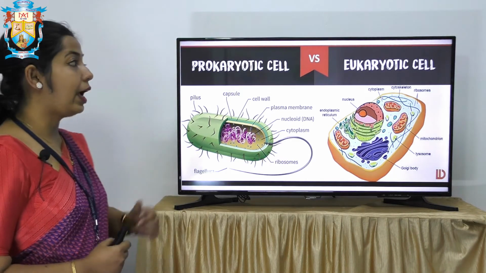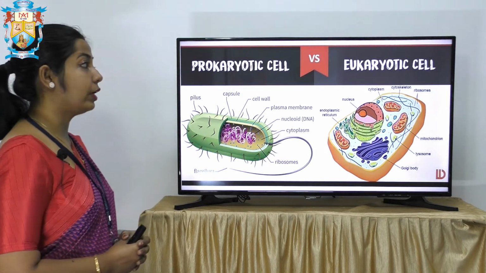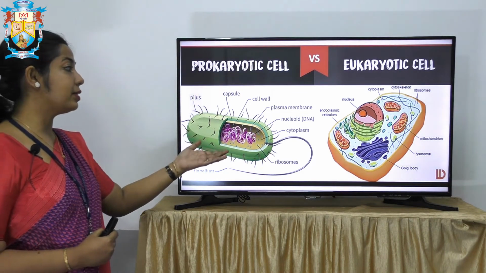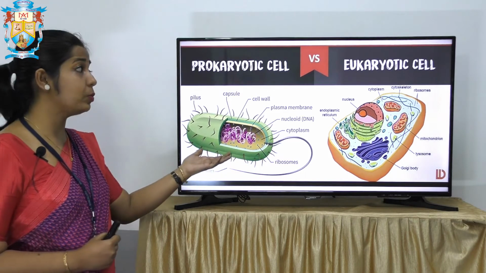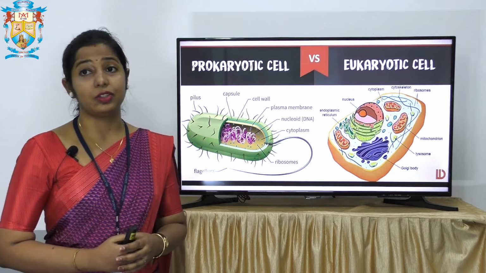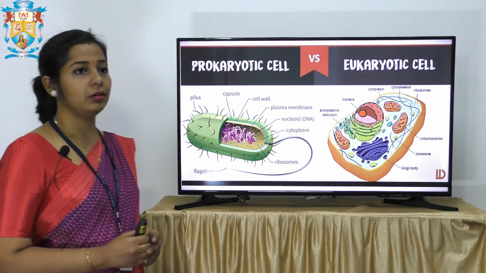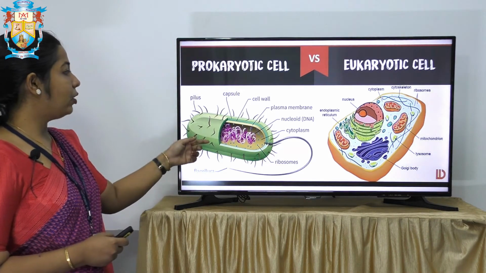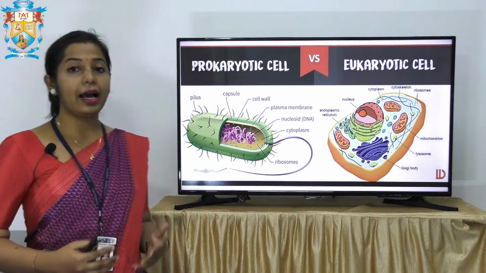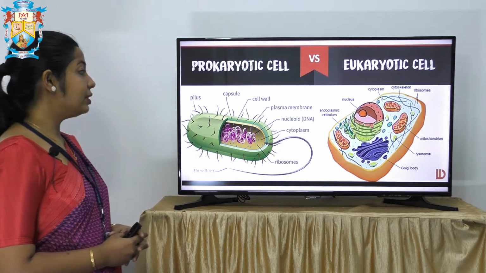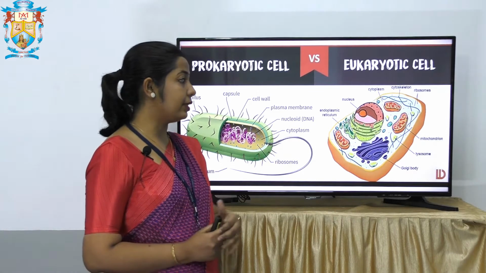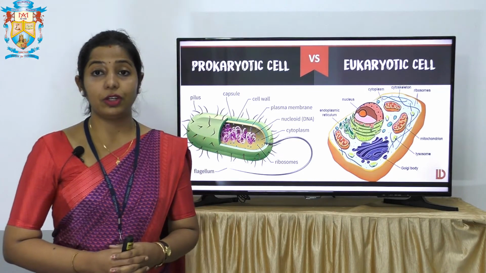Now please have a look at this picture of prokaryotic and eukaryotic cells. As you can see, these prokaryotic cells are very simple and very small, whereas eukaryotic cells are very complex in structure. In prokaryotic cells, the genetic material lies naked in the cytoplasm, whereas in eukaryotic cells, there is a well-defined nucleus.